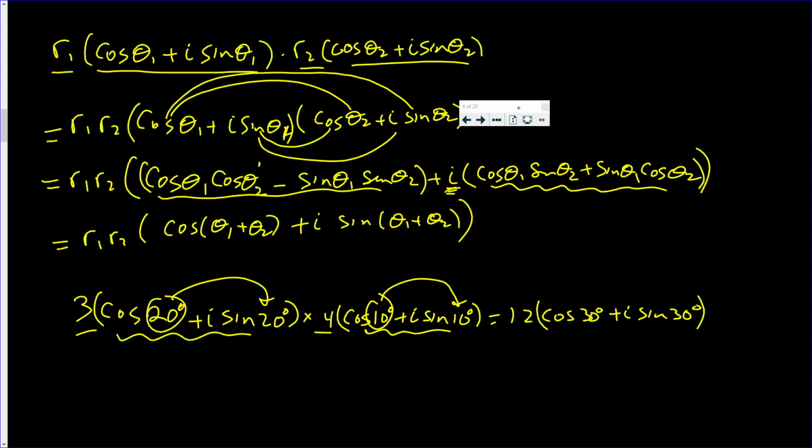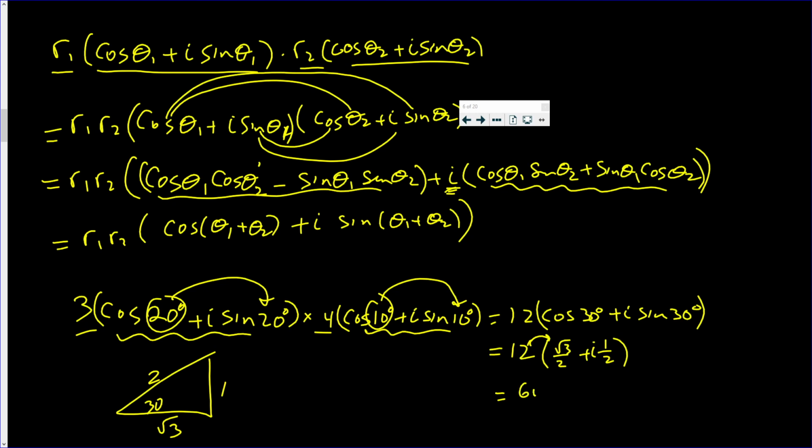That shouldn't be hard. This is 12. Now 30 degrees is 1, 2, square root of 3. So the cosine of 30 degrees is square root of 3 over 2, and the sine of 30 degrees is just a half. So this plus i times a half.